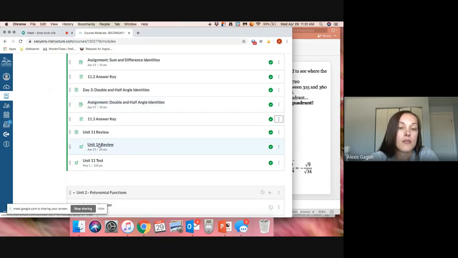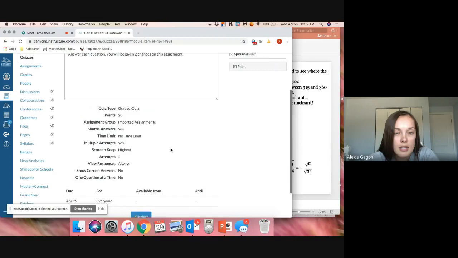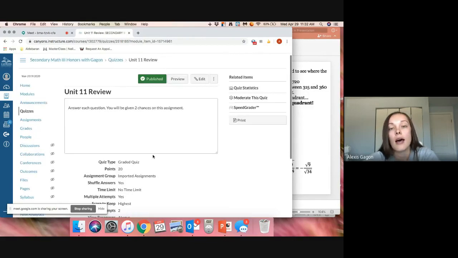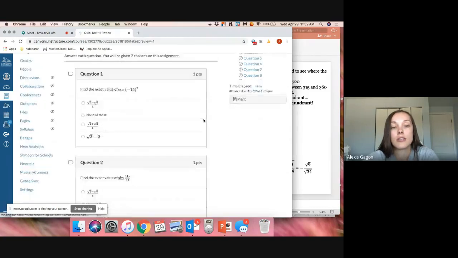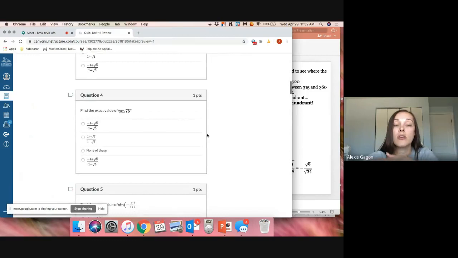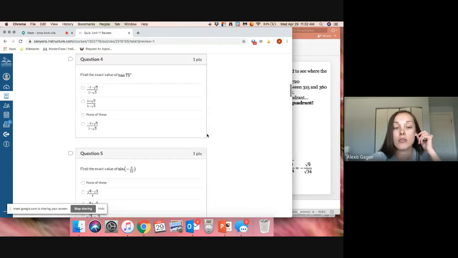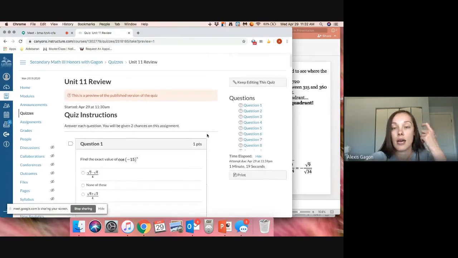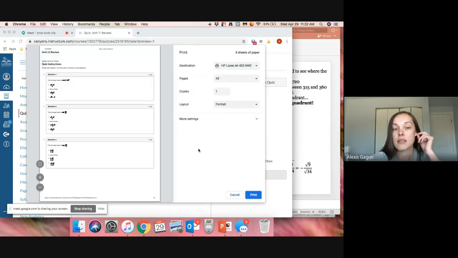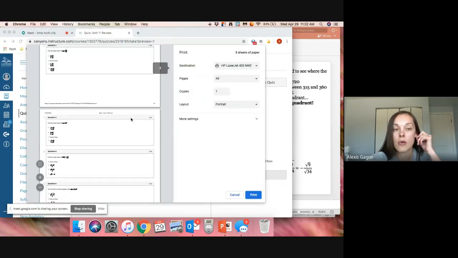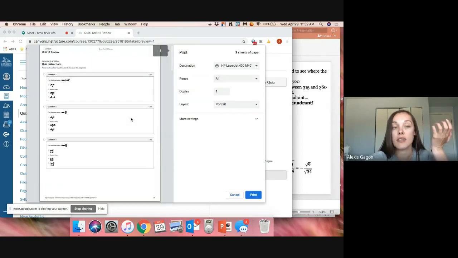And then here's the review. I think there's 2 tries on this, and I think I let you see your answer. Yeah, you can. So when you go through this, just do it twice. If you need me to open it for you again, if you want to use it to study again, you can. You can also print this, which is a kind of nice thing. If you wanted to print it and have it to go over.